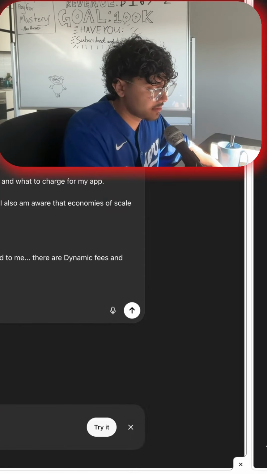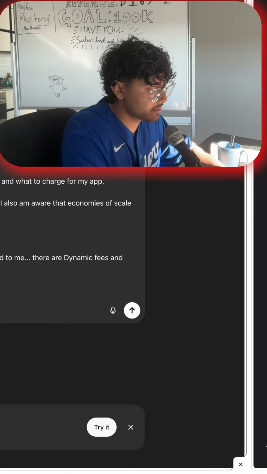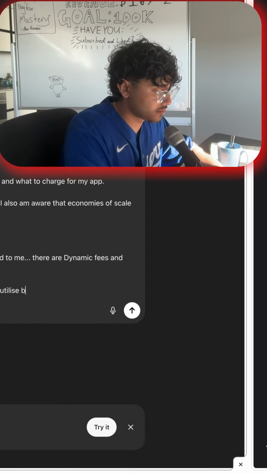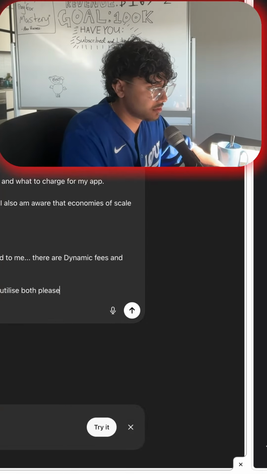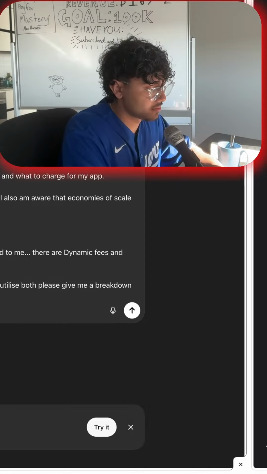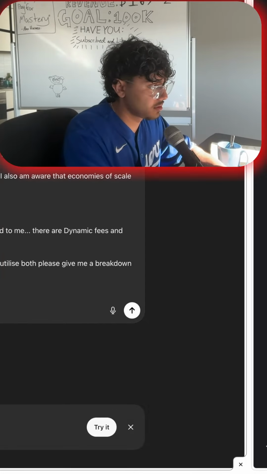A quick skim of the Kalshi fees page suggests they actually utilize both. Please give me a breakdown and suggestions. Here are the API docs.